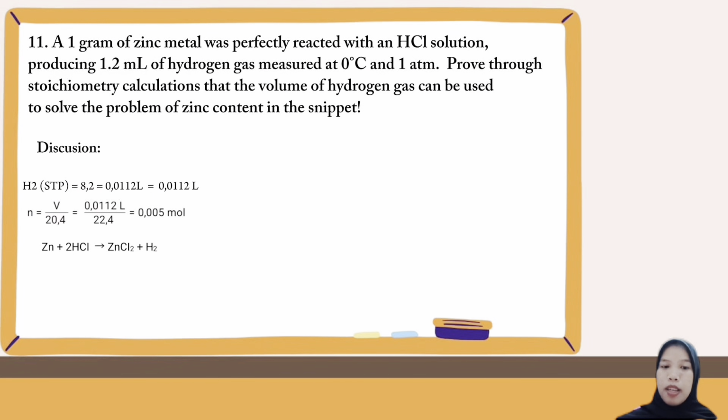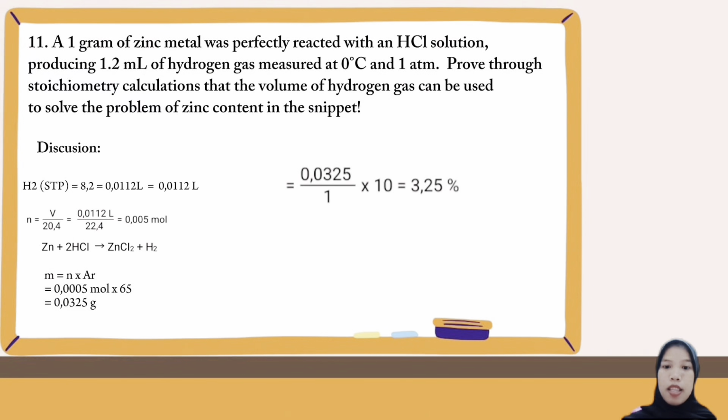Reaction: Zn plus 2HCl produces ZnCl2 plus H2. m equals n times Ar equals 0.005 mole times 65 equals 0.0325 grams. Percent Zn in the sample equals m Zn divided by m sample times 100% equals 0.0325 divided by 1 times 100 equals 3.25%. The zinc content in the sample is 3.25%.